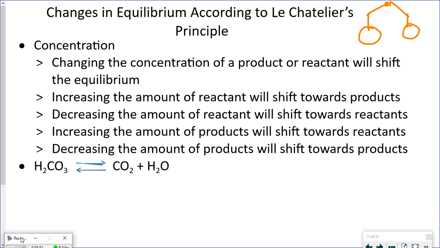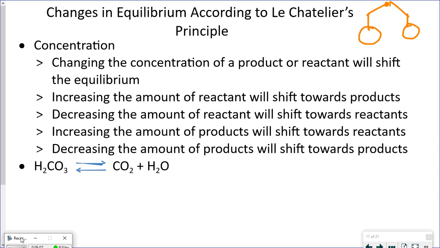So in order to rebalance them, you now have to add something on the opposite plate. So one way to look at this is if there's a change in concentration of a product or reactant, it will shift the overall equilibrium.